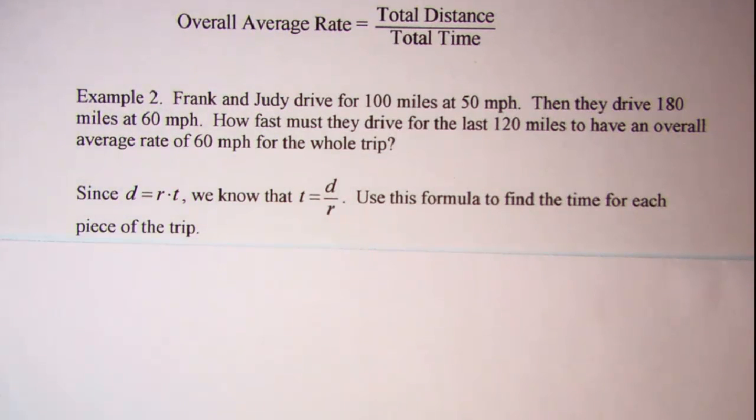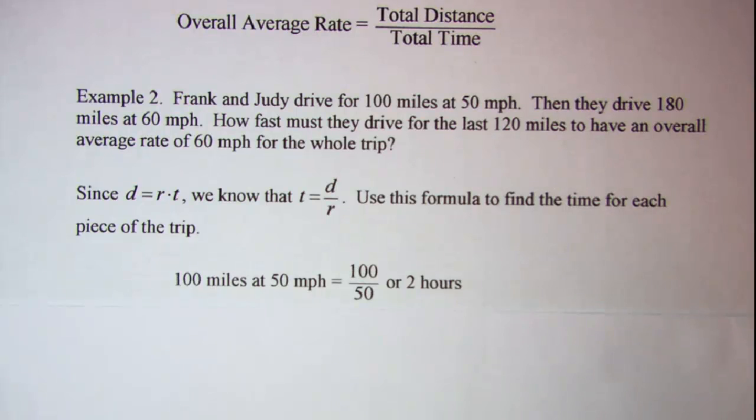Since distance is equal to rate times time, we can solve for time by dividing both sides by r, and we get time is equal to distance divided by rate. And we can use this formula then to find the time for each piece of the trip. The 100 miles at 50 miles per hour is 2 hours time.